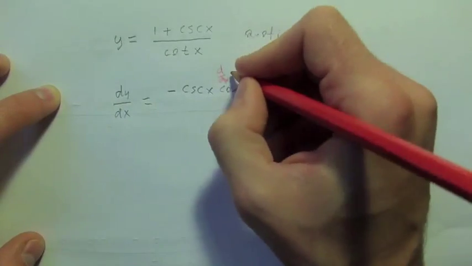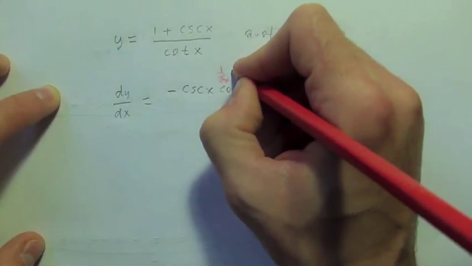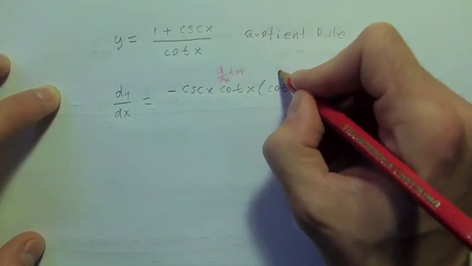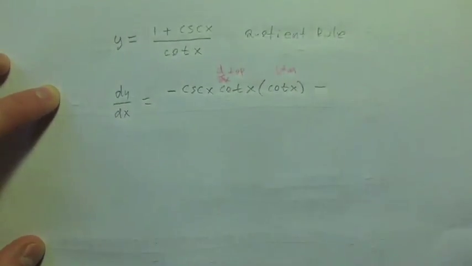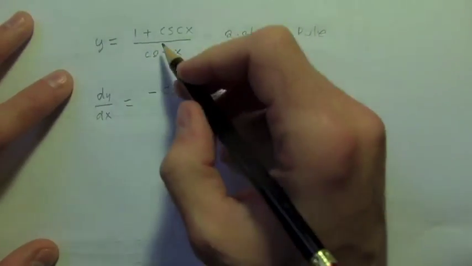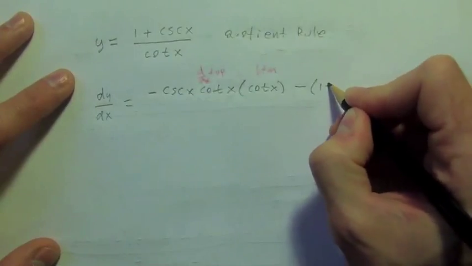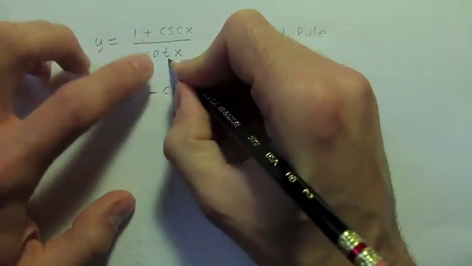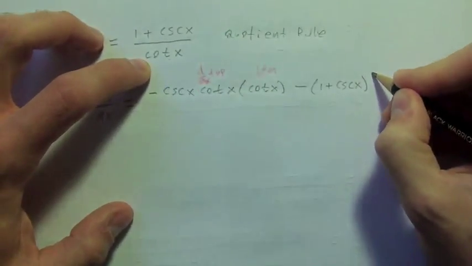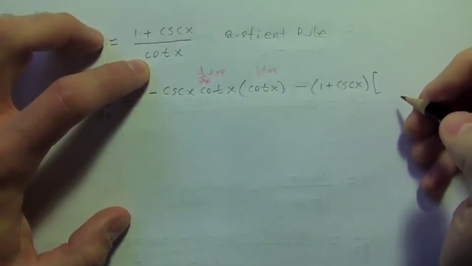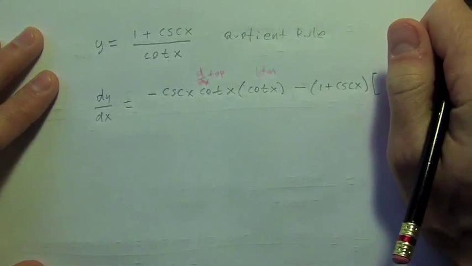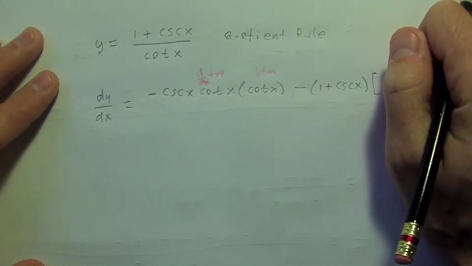So I'm going to write this out just so it's clear what everything is. This is the derivative with respect to x of the top. Here's the bottom left alone. It'll be minus. Now the top left alone times the derivative of the bottom, and the derivative of cotangent, go ahead and write down what you think that would be.